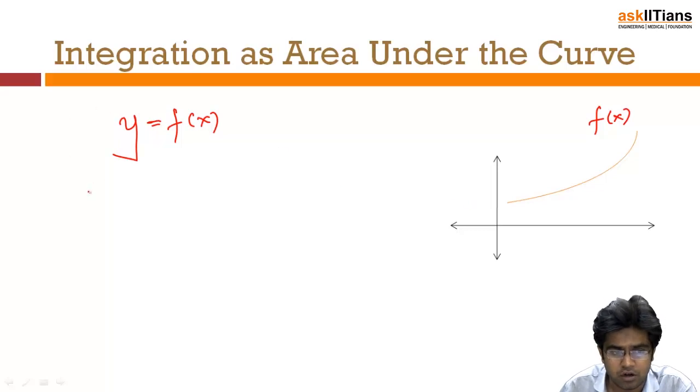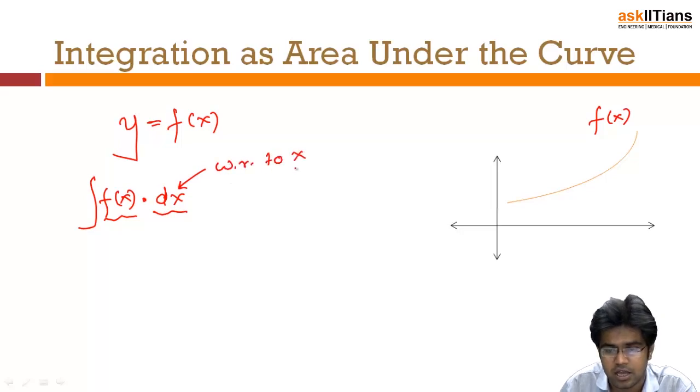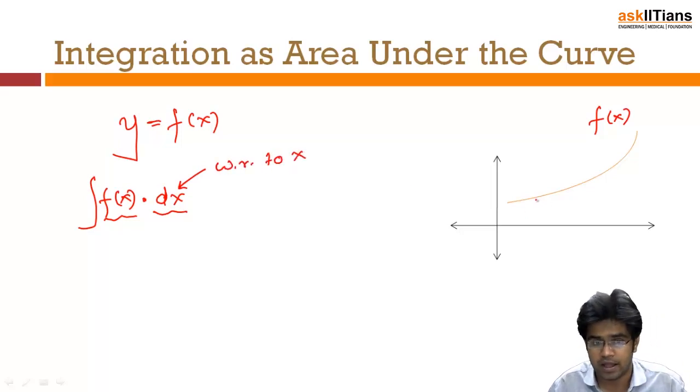First of all, remember that this is the sign of integration. What I want is the integration of f(x) dx. The dx means I want to integrate this curve with respect to x. If this had been with respect to y, then I would have integrated in terms of y.